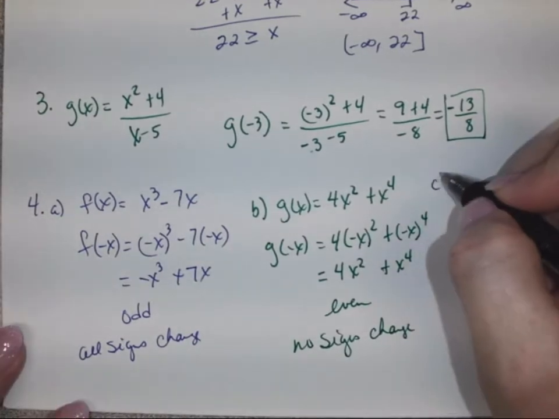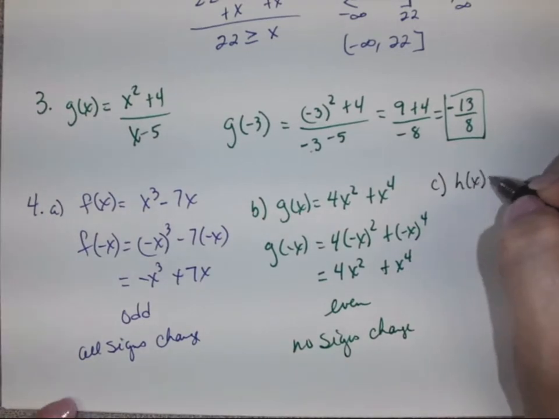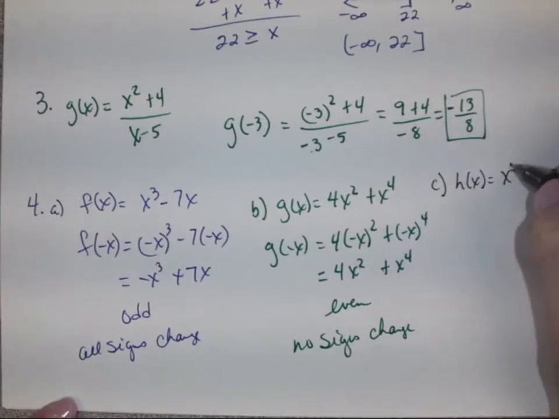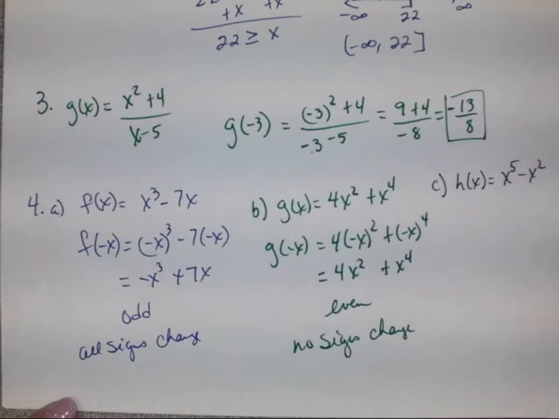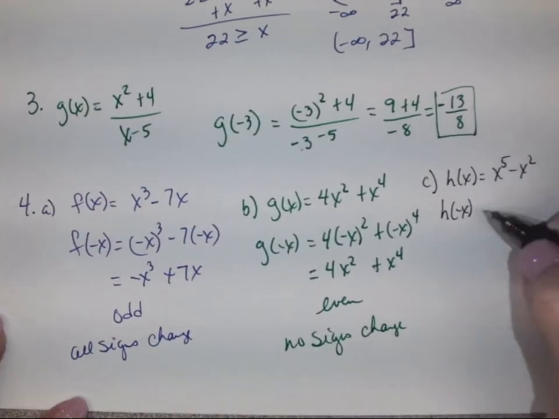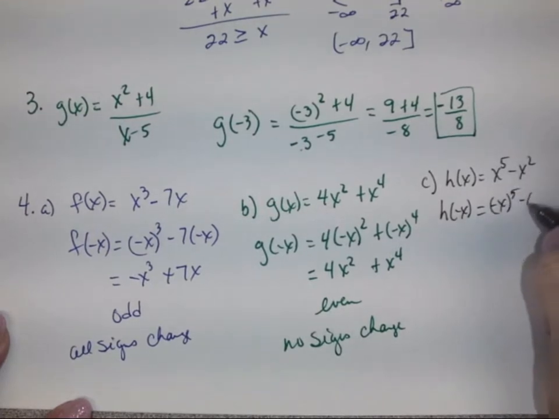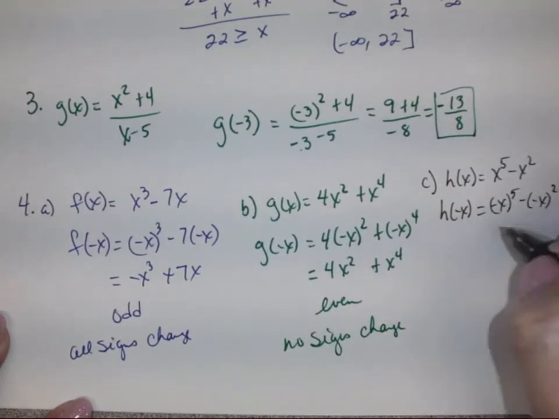And then we'll look at the last one. So h of x is equal to x to the 5th minus x squared. So h at negative x is equal to negative x to the 5th minus negative x squared.